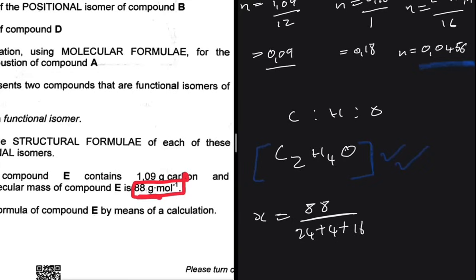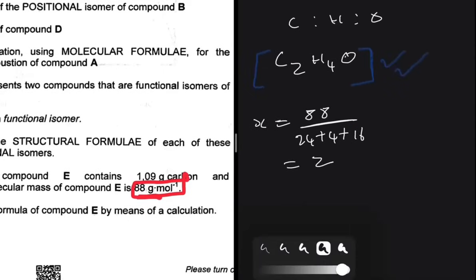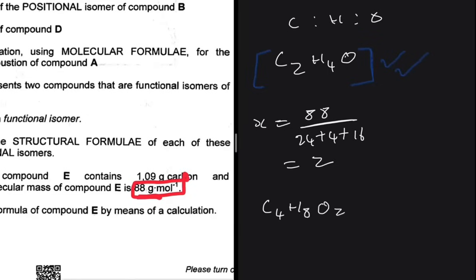So we have 88 divided by 24 plus 4 plus 16, which is equal to 2. So we multiply by 2, and we get C4H8O2. This is the molecular formula of compound E by means of a calculation.